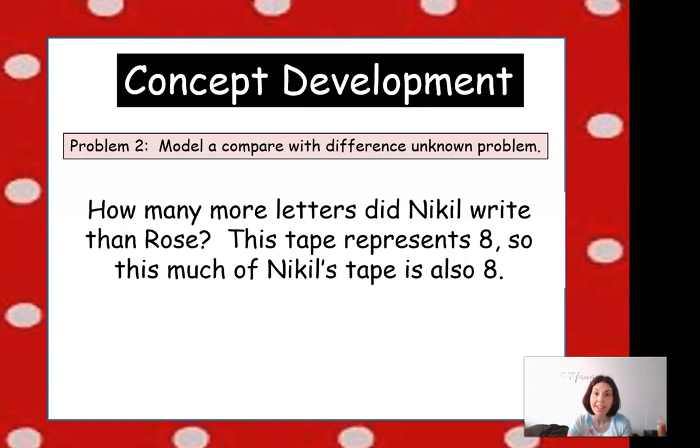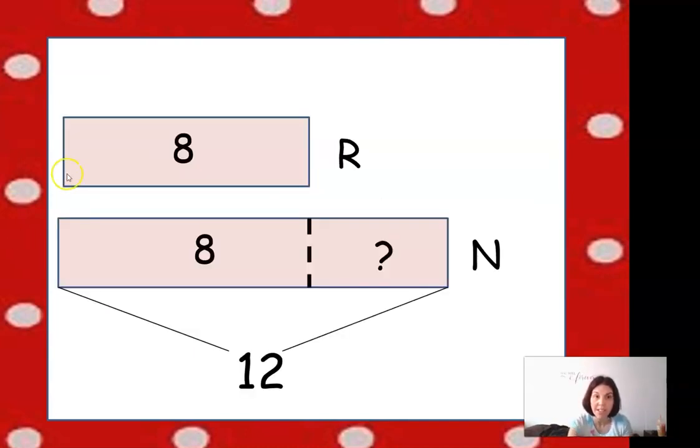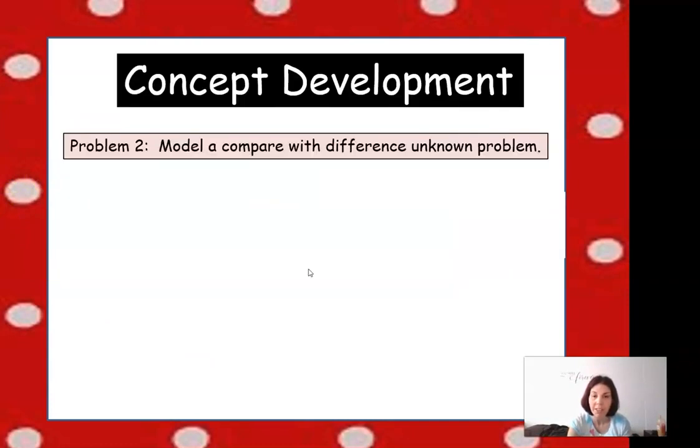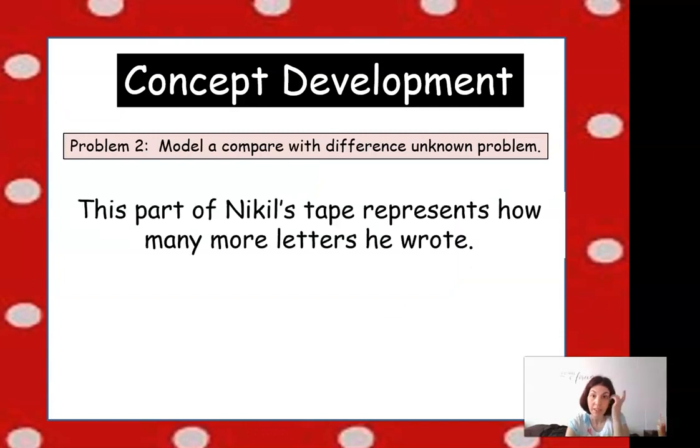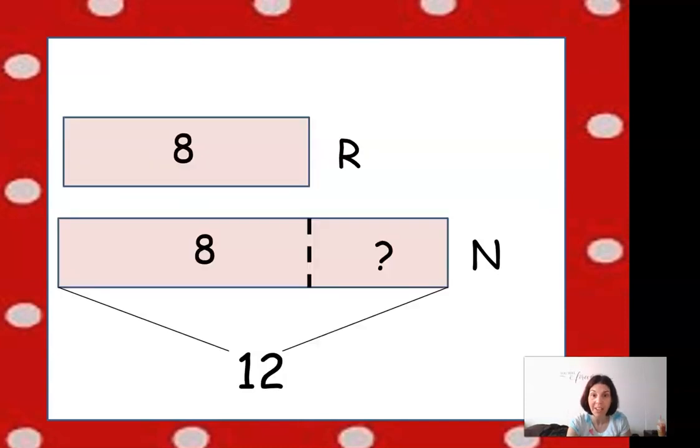This tape represents 8, so this much of Nicole's tape is also 8. Since this is the same length, this also shows 8. And this part of Nicole's tape represents how many more letters she wrote. Right here.